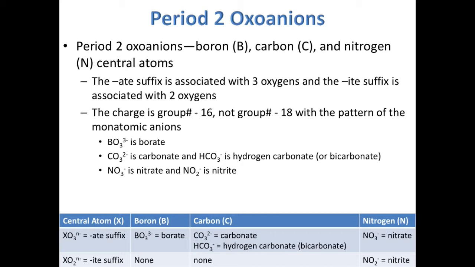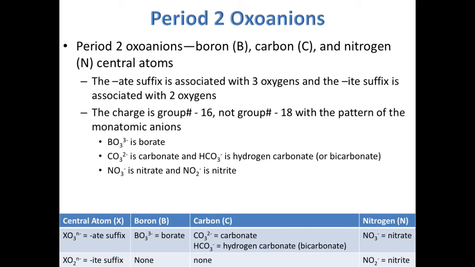BO3 3 minus is borate, with boron as the central atom. CO3 2 minus is carbonate. And associated with that is HCO3 minus, hydrogen carbonate, or also called bicarbonate.